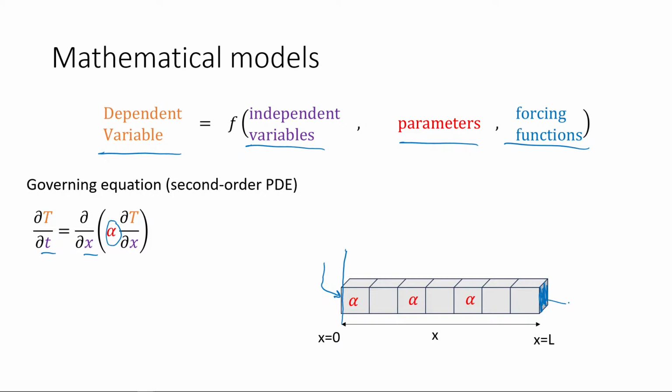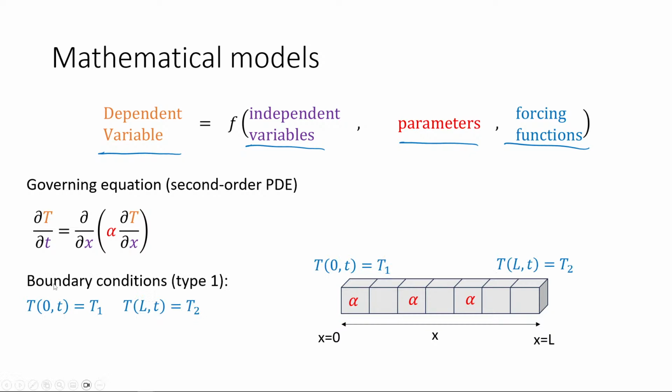That would be the second type of boundary condition. If there is a constant heat source and the temperature here is constant, that would be, for example, the first type of boundary condition. And we will talk about boundary conditions and different types of boundary conditions in the next lesson. But that's basically the idea. So your forcing here would be your boundary condition.